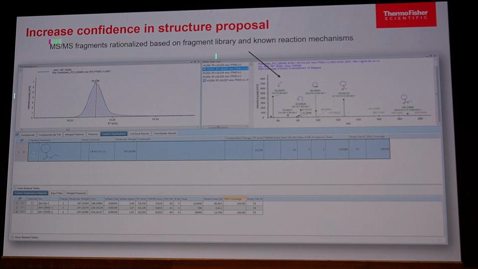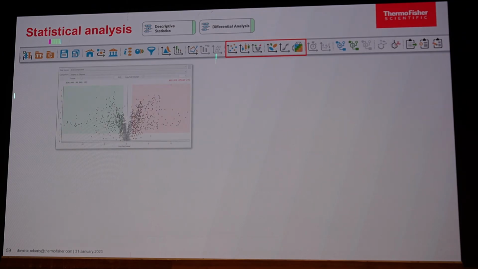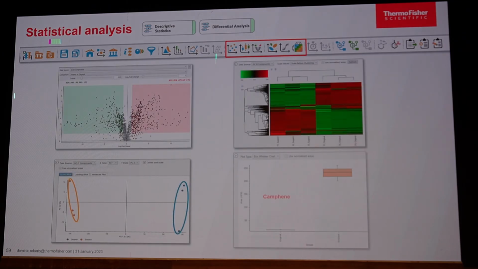And you can also get, as Dr. Kashtar mentioned, the fragmentation match. It can show how your molecules are fragmenting and what the probable structure of your compound is. And there are different statistical analyses available in the same CD, where you can get different output charts like volcano plot, comparative or whisker chart. So all of this you can do.